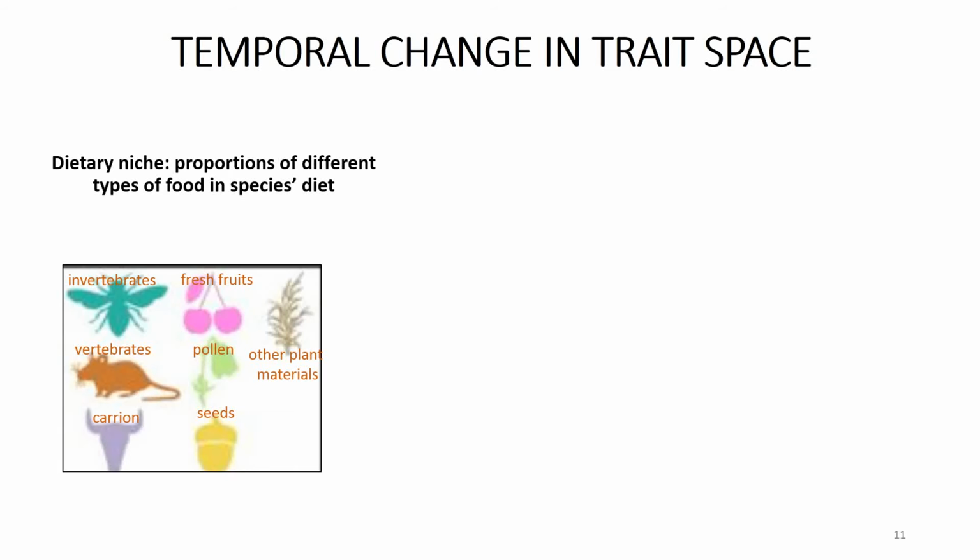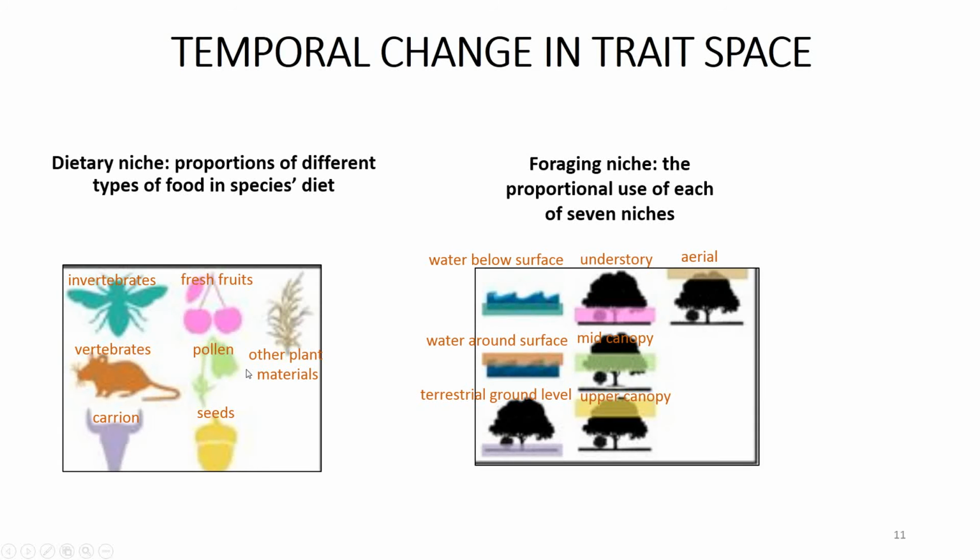For temporal change, they also looked at change in niche space. The niche space they investigated is the dietary niche, by calculating the proportion of different types of food in the species' diet, including invertebrates, fruit, vertebrates, pollen, carrion, seeds, and other plant material.